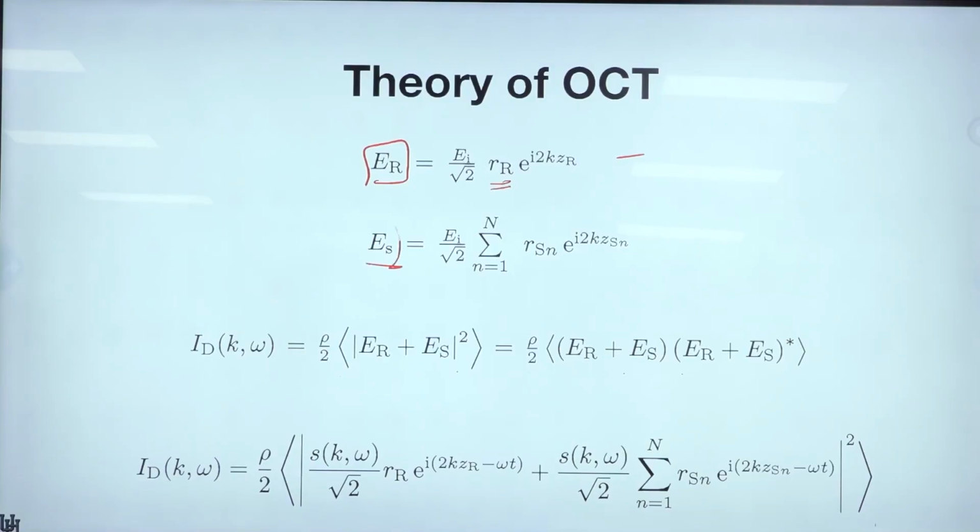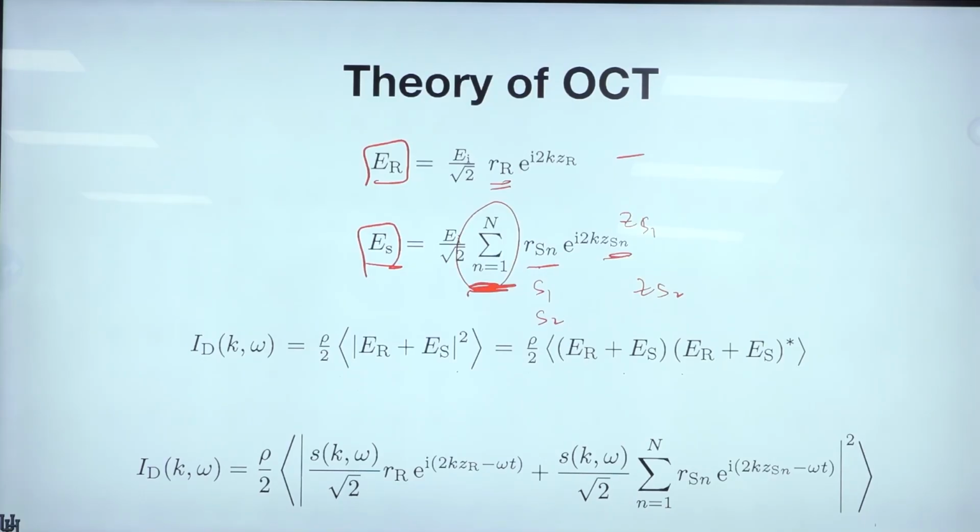The second term is the light that comes back from the sample arm, a summation of reflections: RS1, the reflection from the first surface, times the phase accumulated over distance ZS1, then the reflection from the second surface and how much phase is accumulated at ZS2, and so on.